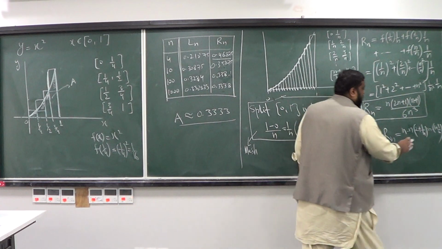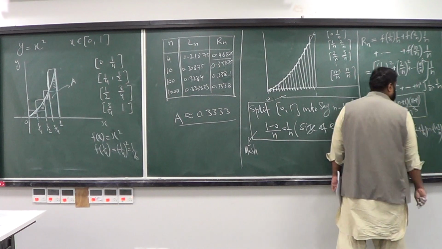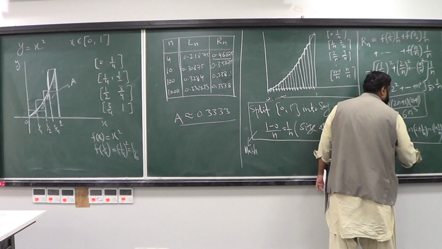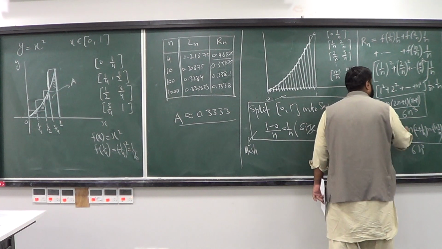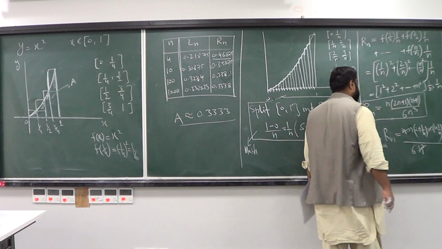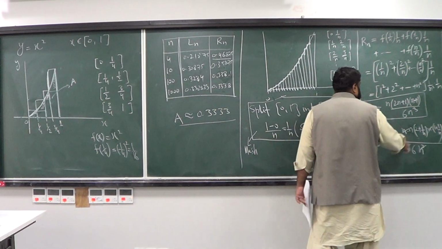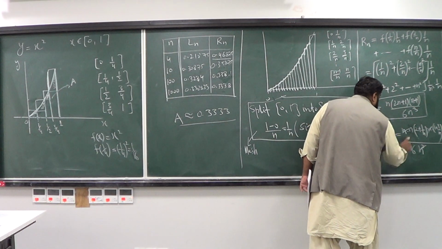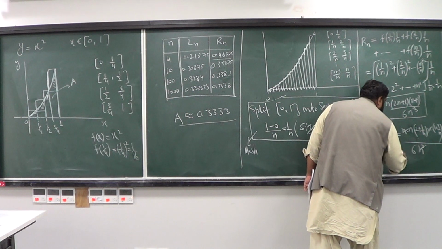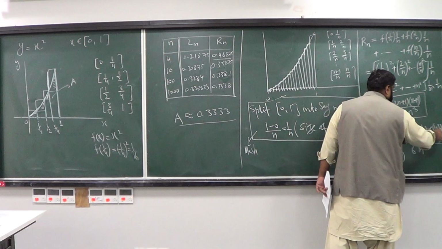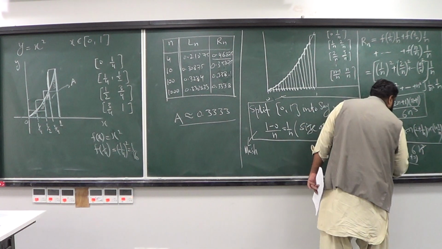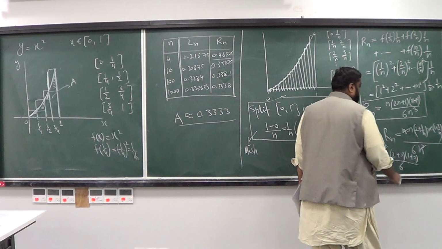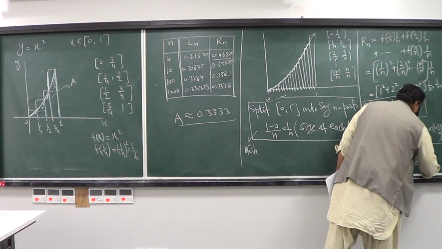Okay, 1 plus 1 over n, and divided by 6 n cubed. So if you cancel out this n cubed and substitute the limit, you're going to get 2 plus 0, and this is going to be 1 plus 0, and this is going to be 6. So if you simplify it, you're going to get 1/3.